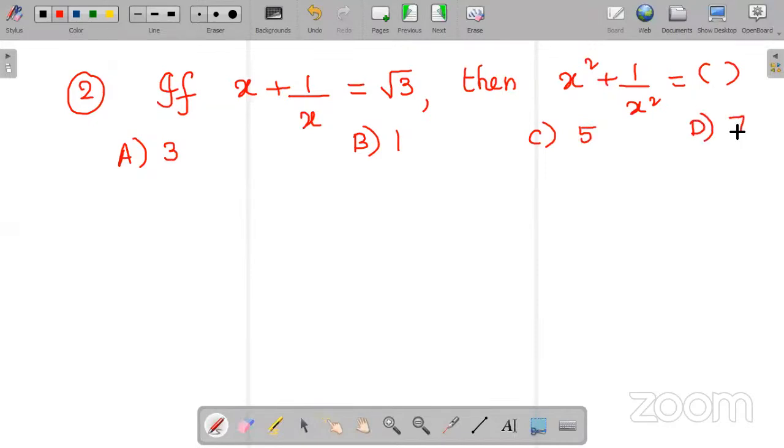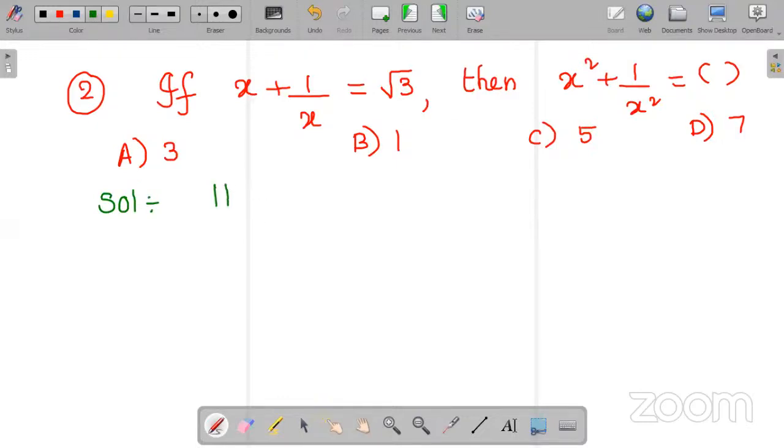Which is the right option? Check the question. Okay, I will write the shortcut also.